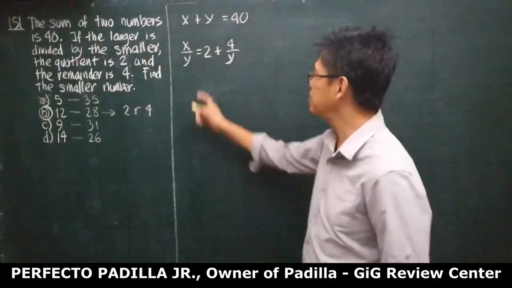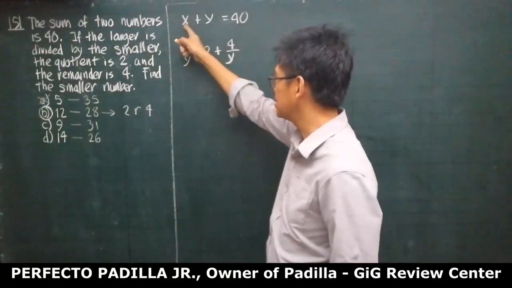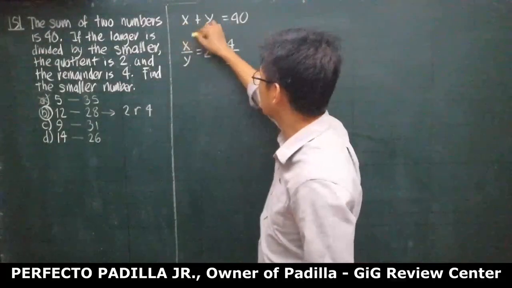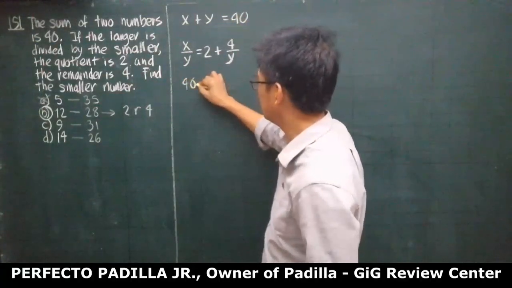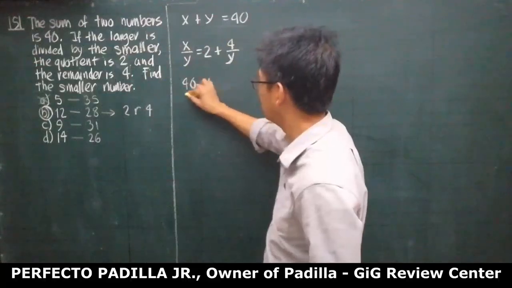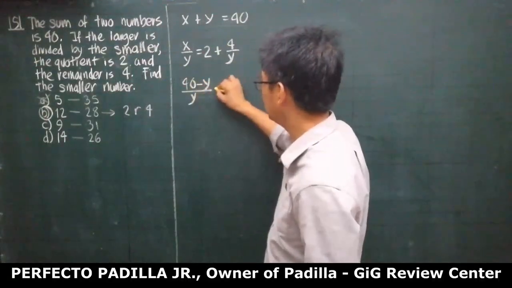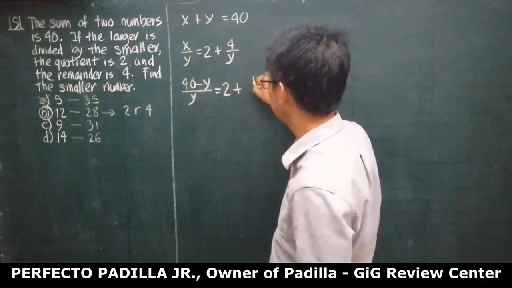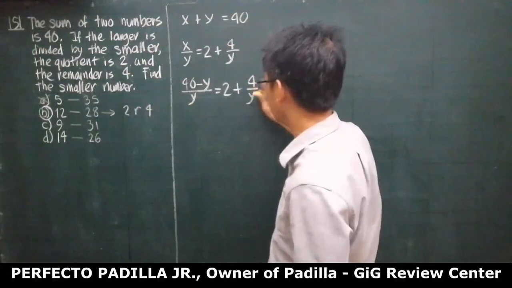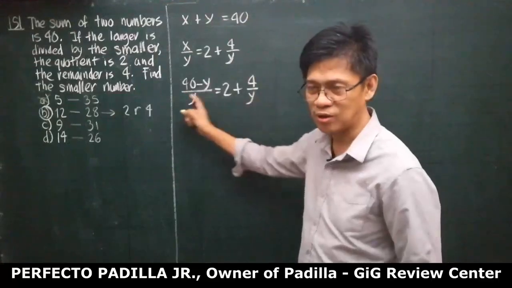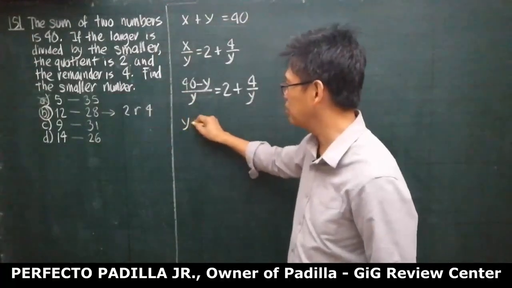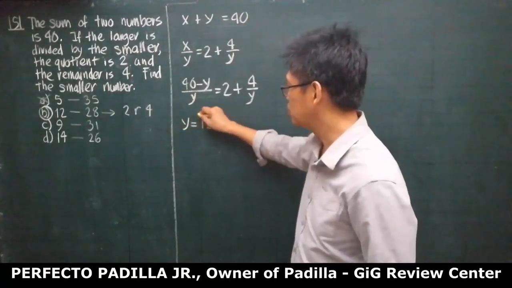So, ang hinahanap dito y, let us express x in terms of y. So, x from here is 40 minus y. So, this is 40 minus y over y is equal to 2 plus 4 over y. One equation in terms of y. Input in your calculator and you'll be able to get y is equal to 12.